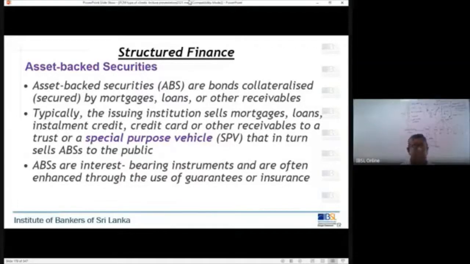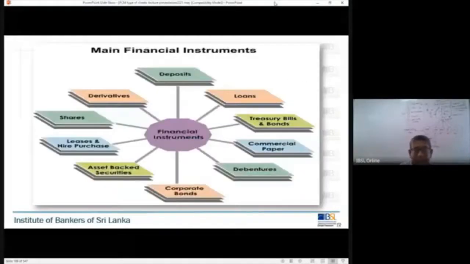These we call asset backed securities, or simply securitization. Sri Lanka is not very strong here because we don't have a market for such instruments. I think I have spent more time on this.